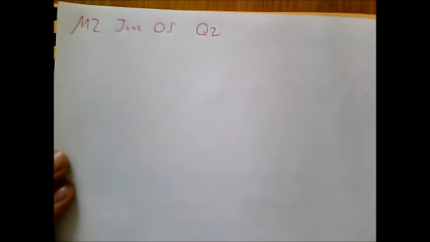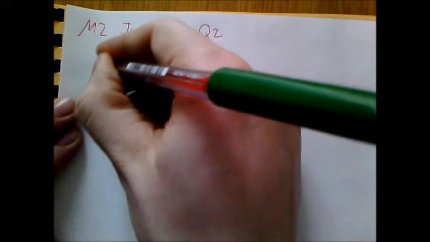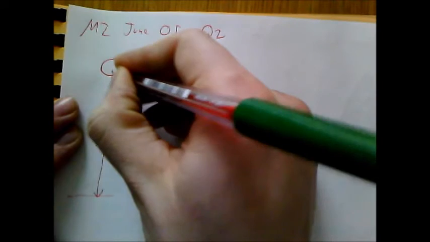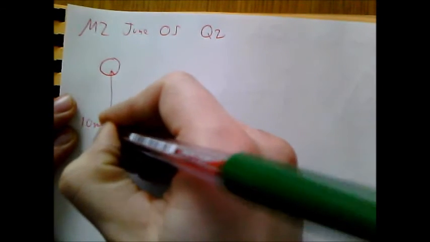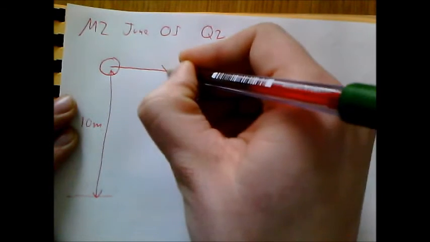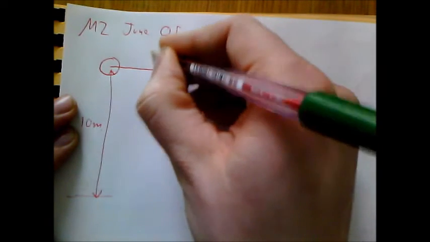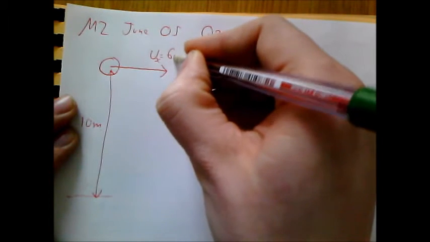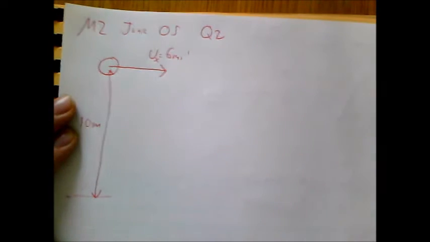Now, first thing I'm going to do is just model my question. So here is my particle, and it is projected 10 meters above the ground, like so, and it's fired perfectly horizontally at a speed in the x direction of 6 meters per second.